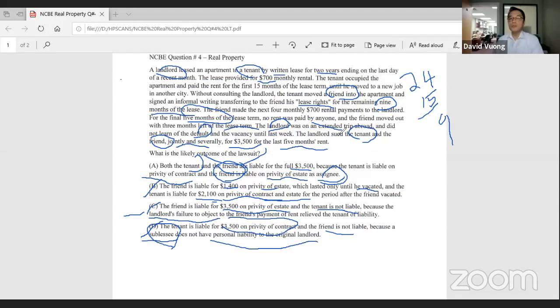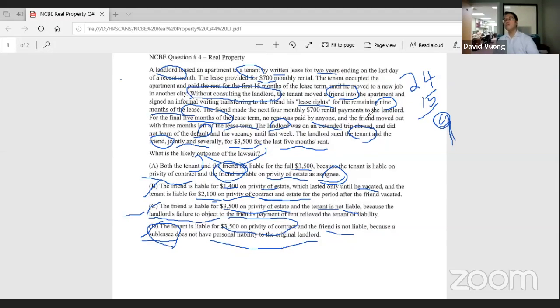Do you know why we say that if he leased the whole thing, he's out? But here, the facts say that he leased it without the landlord's permission, without consulting the landlord.